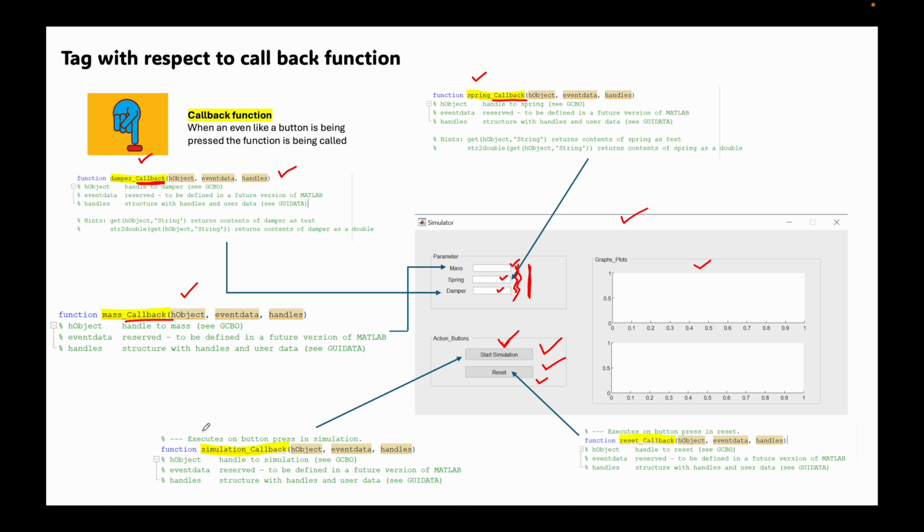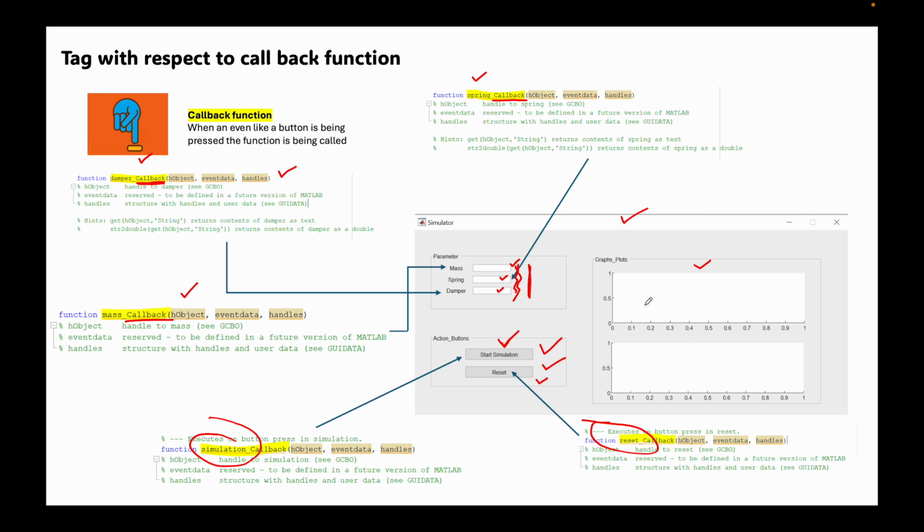You just need to program the callback for the simulation and the reset. The simulation will take the data from all these fields and run the simulation, and once you press the reset button, it will clear the graph. So this is how the entire GUI script got created.